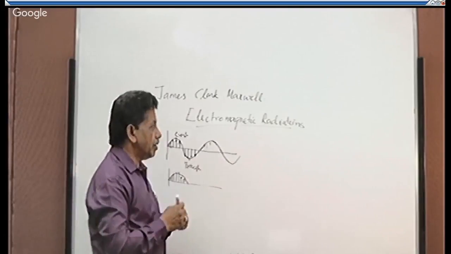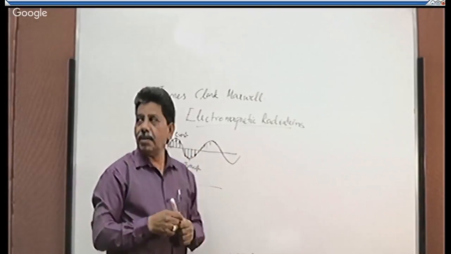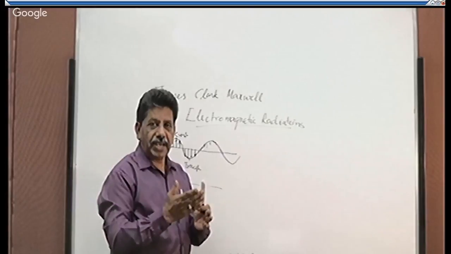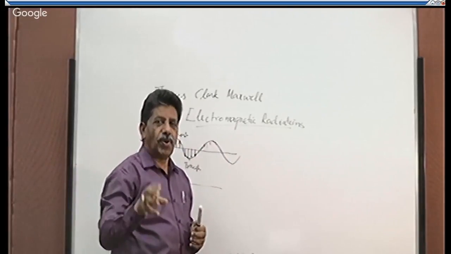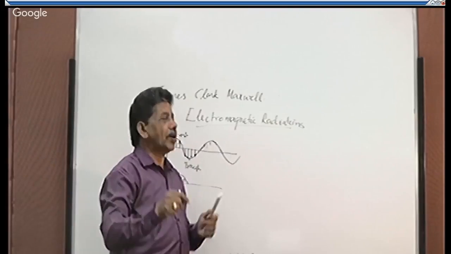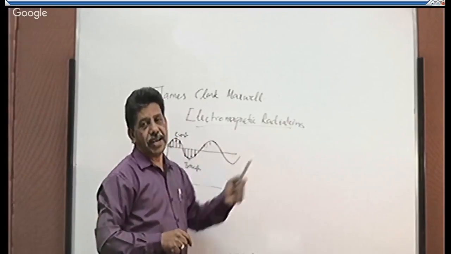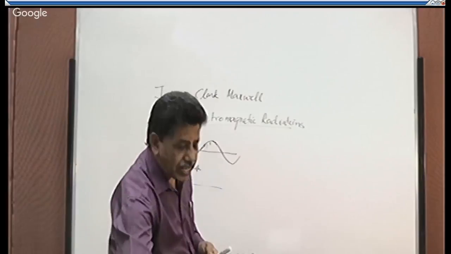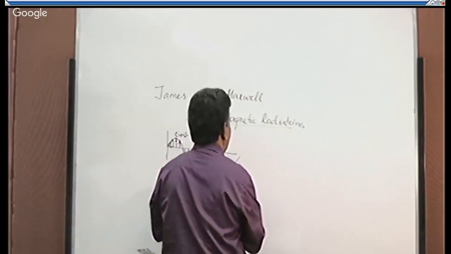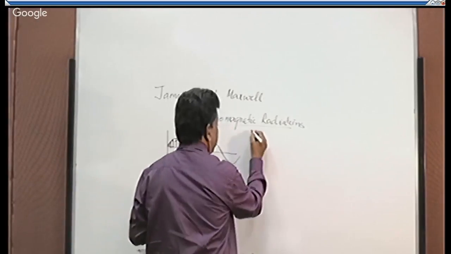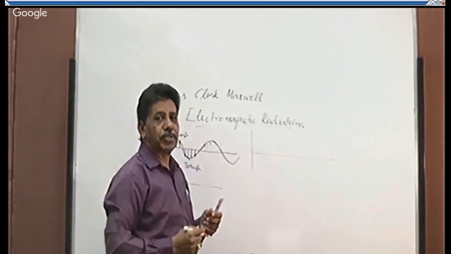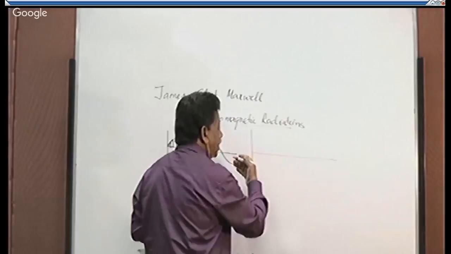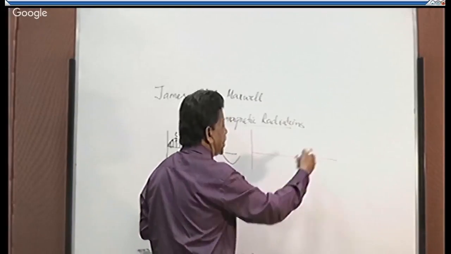When you have both the components put together simultaneously and they propagate, the new form of wave that is formed we call electromagnetic radiation. In order to understand this, you can follow my diagram. This is the direction along which the wave is supposed to propagate. And here, first let me introduce the horizontal waves.